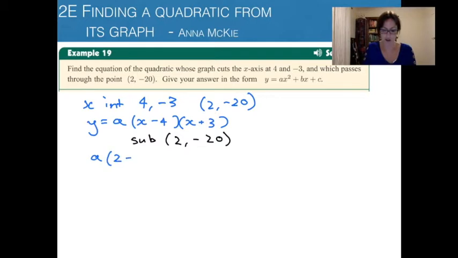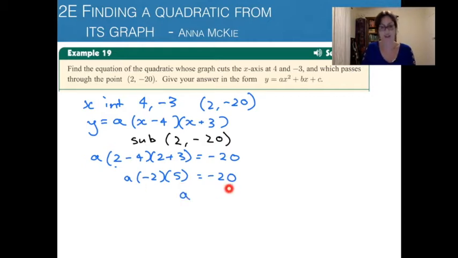We've got 2 take 4 and 2 add 3, and that whole thing is equal to -20. Working out each bracket there, we've got a, bracket -2, bracket 5, is equal to -20. This part works out to be -10. So dividing over here, -20 divided by -10 gives us 2.